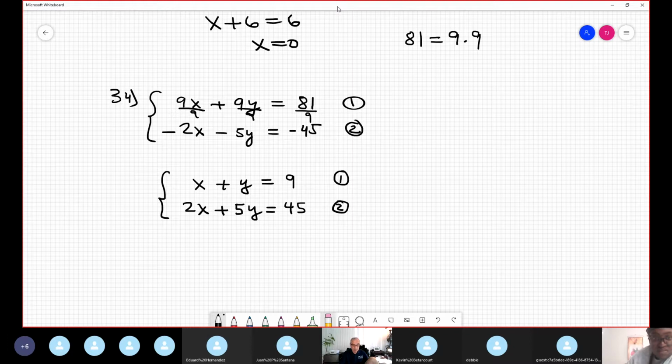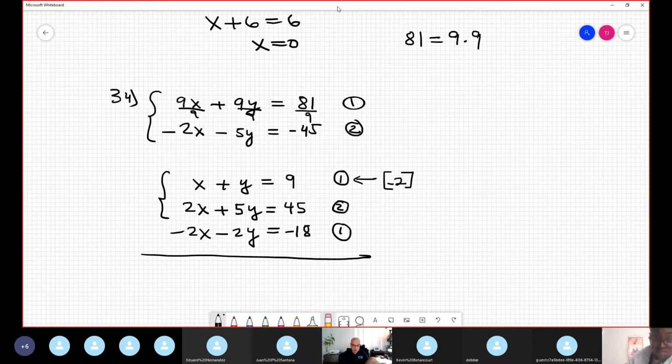So now the recommendation, obviously, is to multiply the first equation by negative 2, because by negative 5, we can do that in a different way. When you multiply by negative 2, because I want to eliminate x, we have minus 2x minus 2y equal minus 18. This is my new equation 1, ready for elimination.